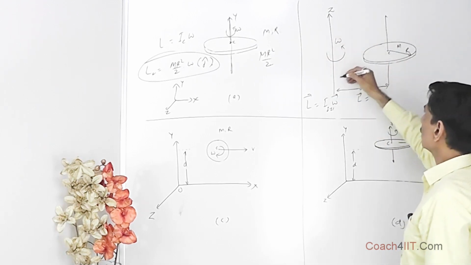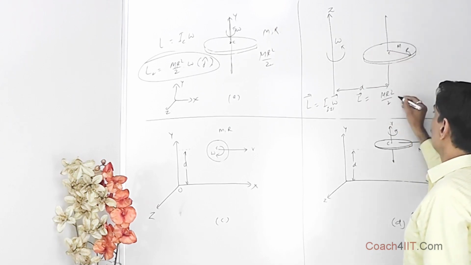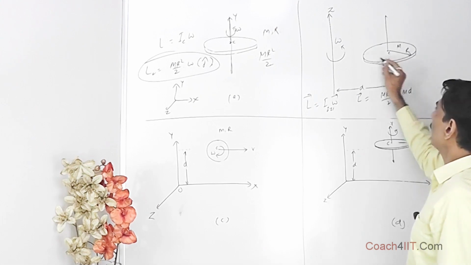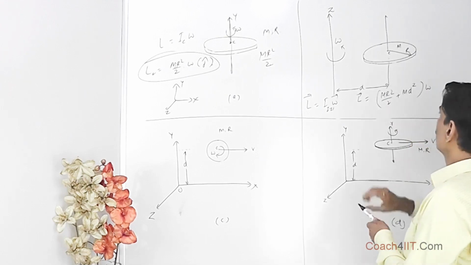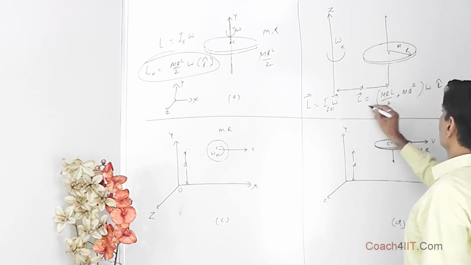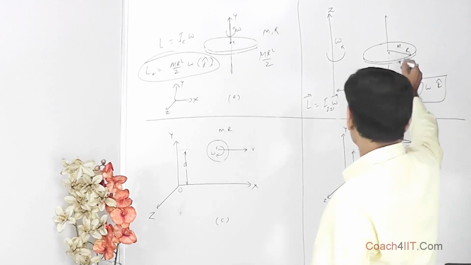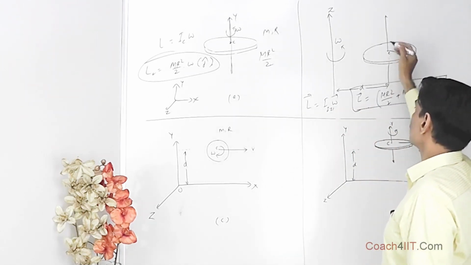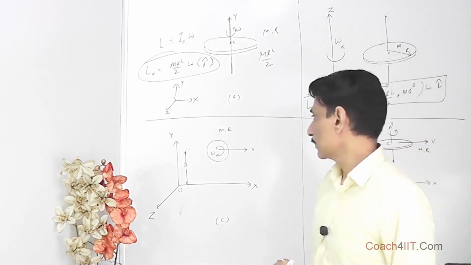I about this axis we can find by the parallel axis theorem, that is mr square by 2, I CM, plus m into d square, we have done it, the parallel axis theorem, into omega. And what is the direction? That is k vector, k cap. So this is going to be the angular momentum of this disk which is not rotating about its own axis, but is rotating with angular velocity omega in this direction.